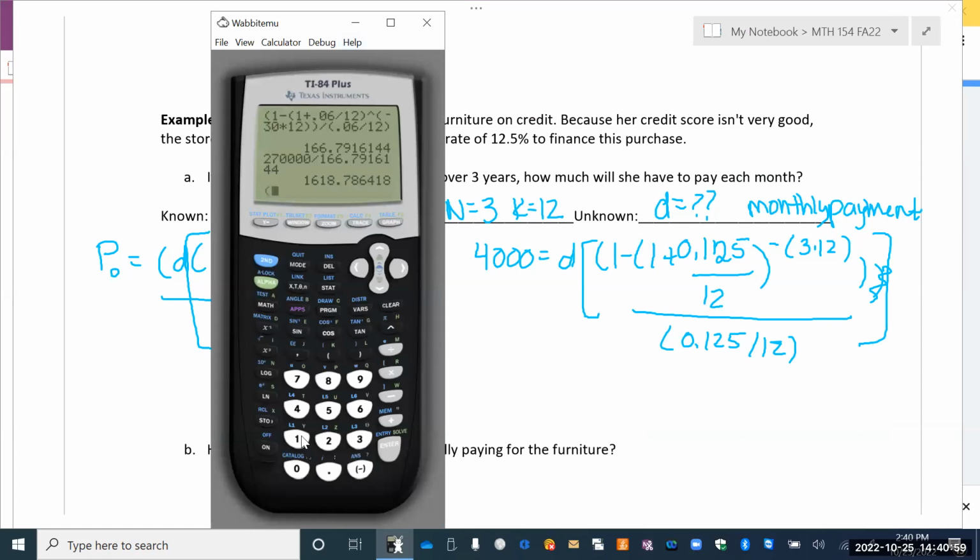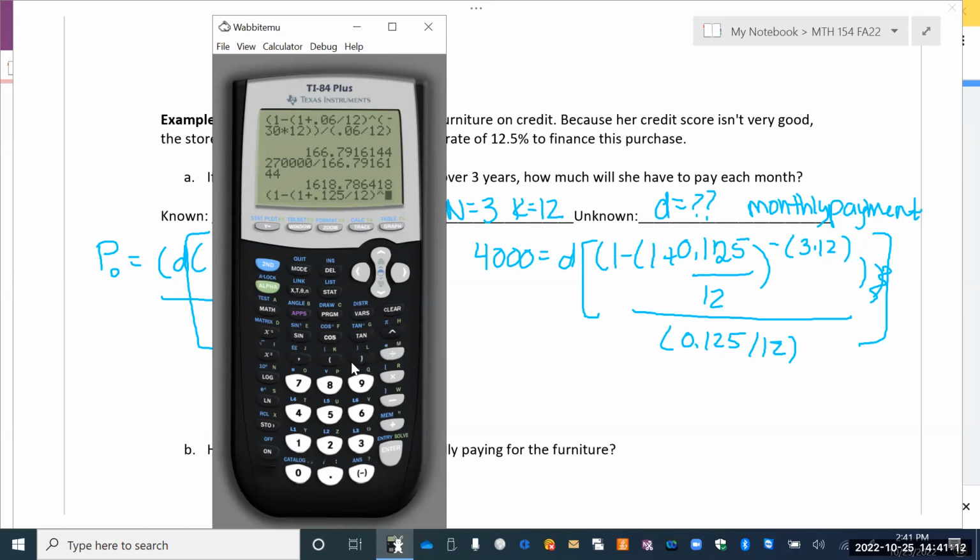It's going to be 1 minus (1 plus 0.125 divided by 12), caret button, then the exponent, divided by 0.125 divided by 12.